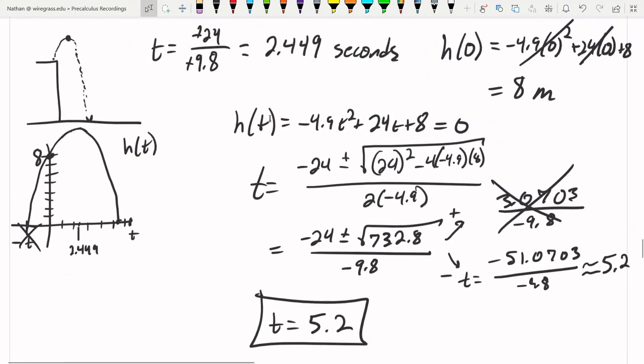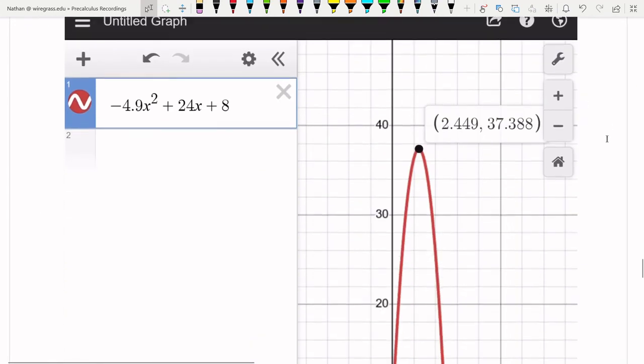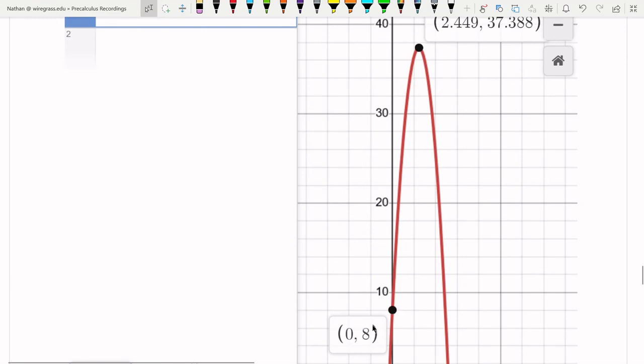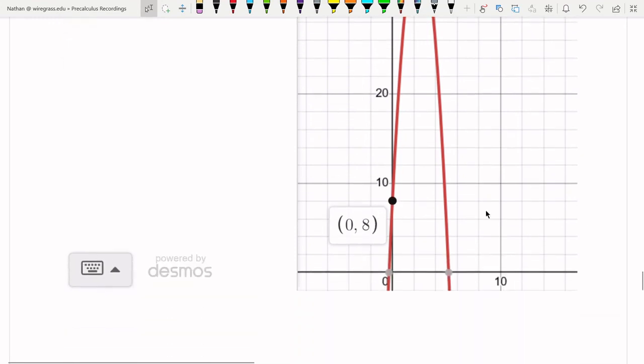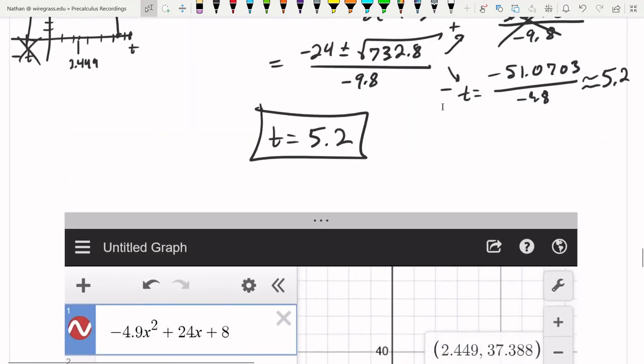That's what we found, 2.449. The starting height was 8 meters. That's the same thing as the y-intercept. That's at 8 meters. And where it hits the ground is right here at 5.211. And that is actually what I found here, 5.211.